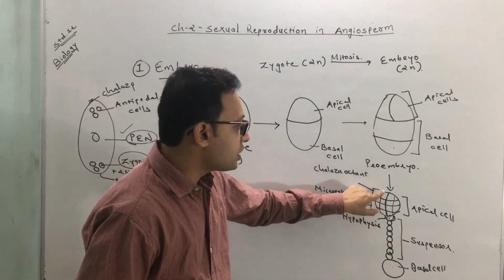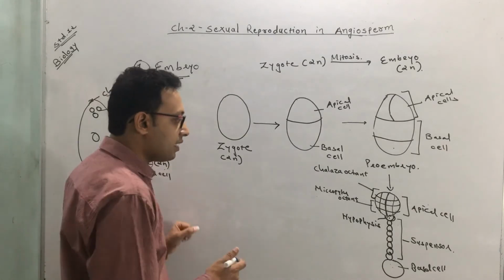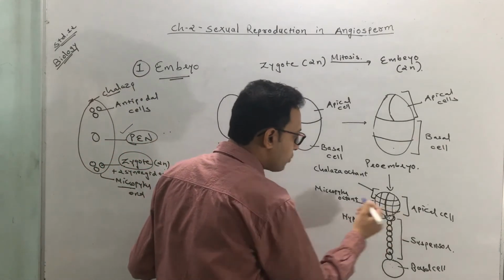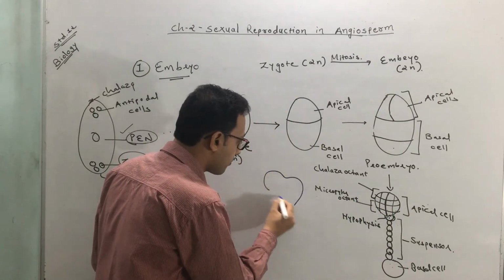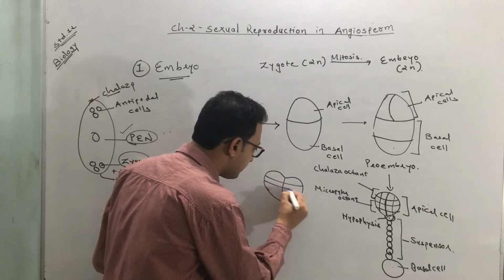When this process occurs, in the meantime the same process continues. And ultimately, there is a formation of the shape. The shape is going to change, and it changes like this: heart shape. These are the 16 cells.